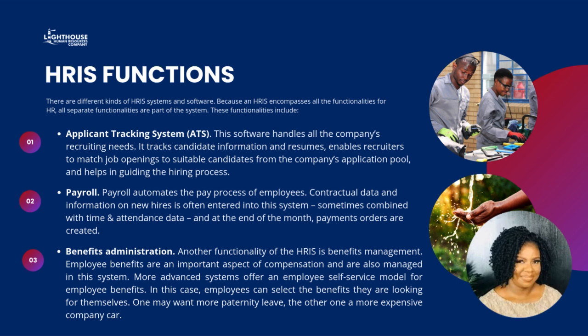So the moment an employee gets to a particular level, automatically the system applies the benefits and compensation to the employee's payments at the end of the month. So those are the basic HRIS functions for small businesses.